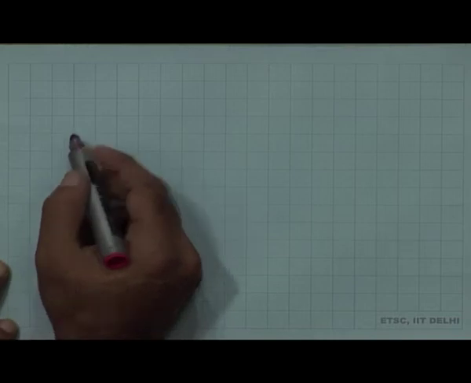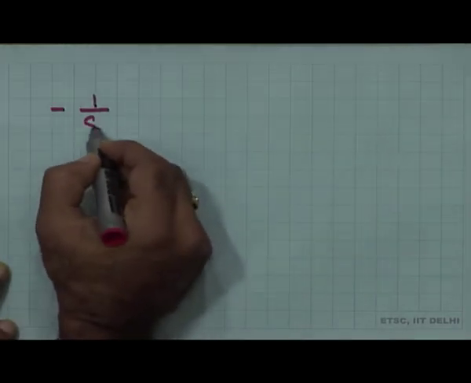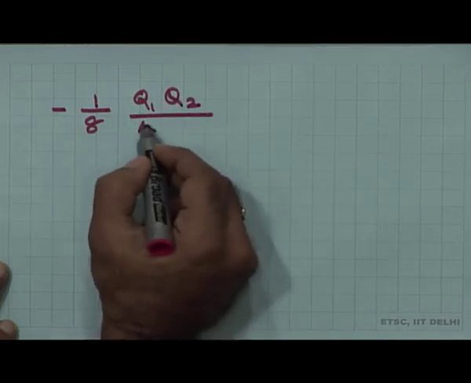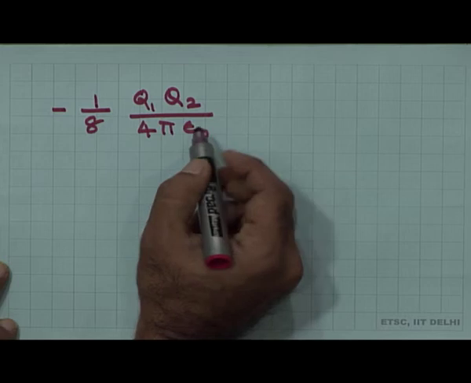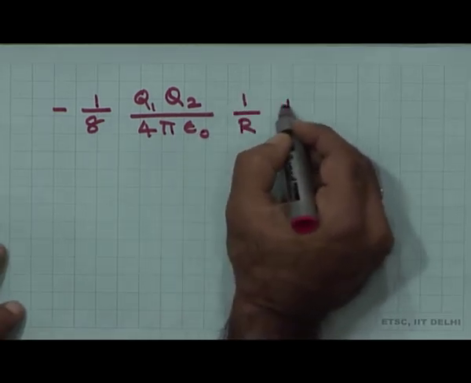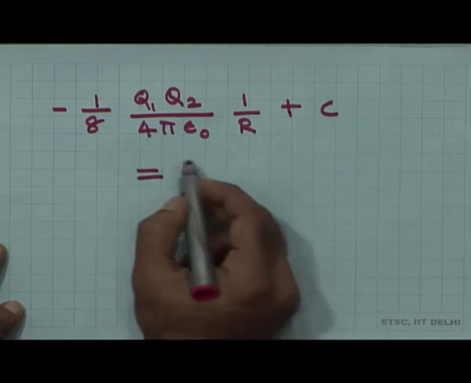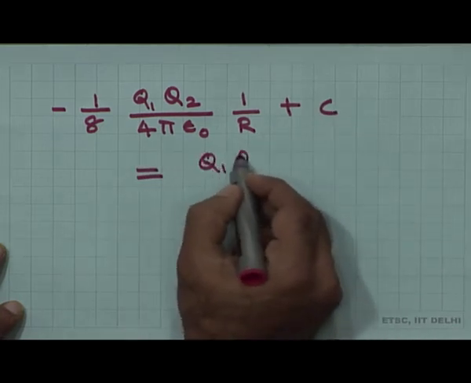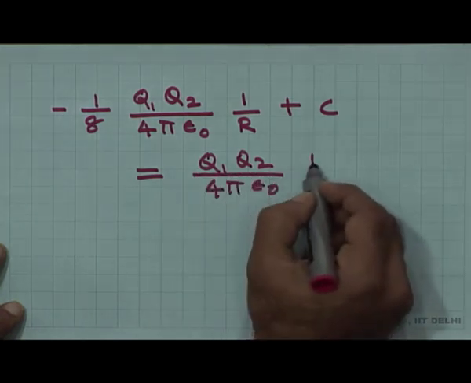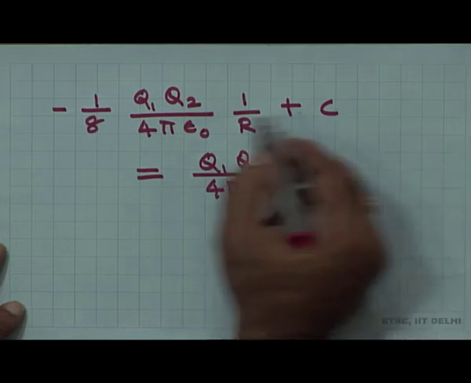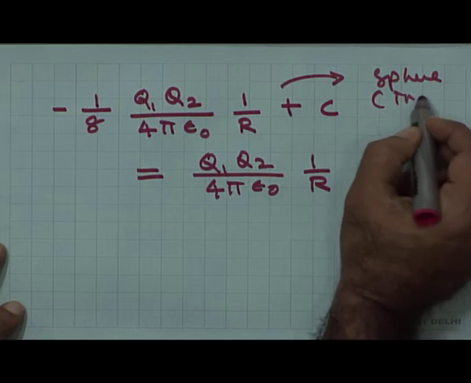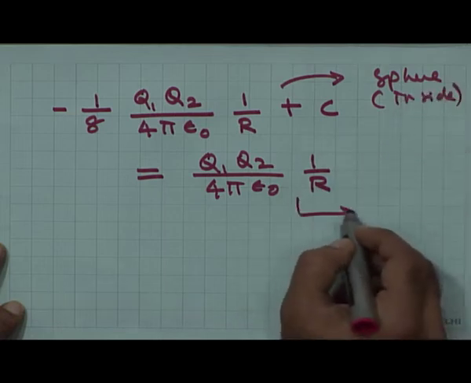So what am I going to get? I am going to get 1 over 8 q1 q2 over 4 pi epsilon naught R squared by R cubed plus constant is equal to q1 q2 over 4 pi epsilon naught into 1 over R. So the left hand side is coming from inside the sphere, and this is outside the sphere.